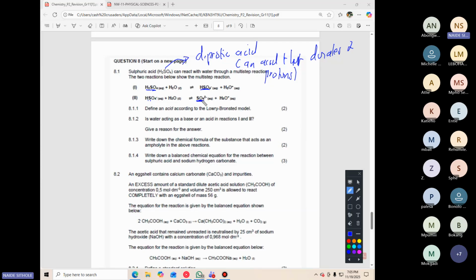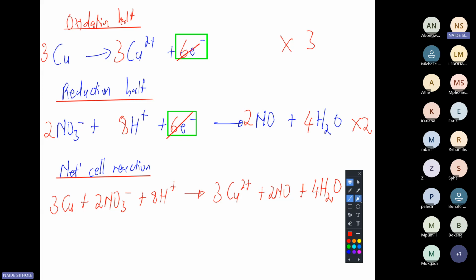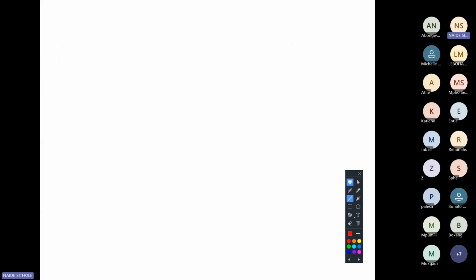At the end of the day, it will become SO4 2 minus. The 2 minus indicates that it has already donated 2 of its protons. Right. Now, if you want to see the difference, we are dealing with redox and acids and bases. Redox, we say we are dealing with what? Electron transfer.